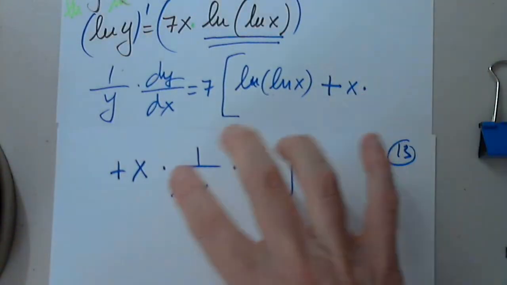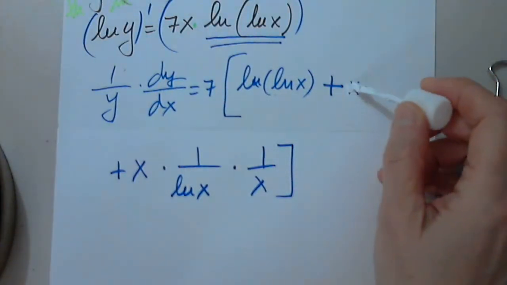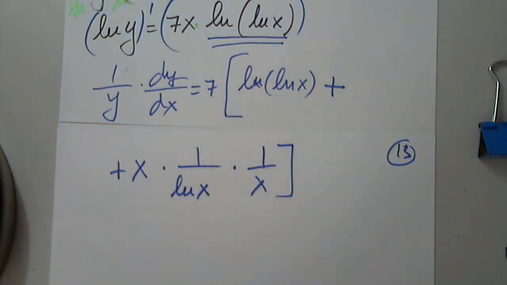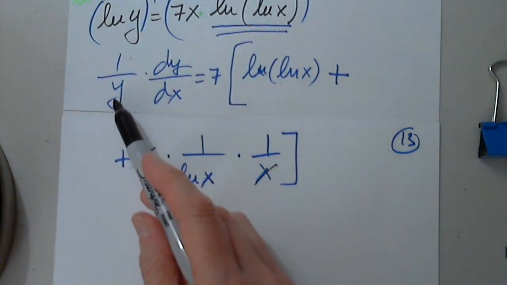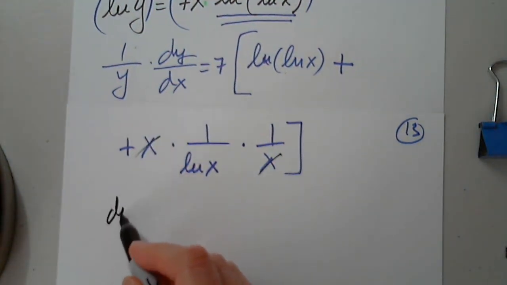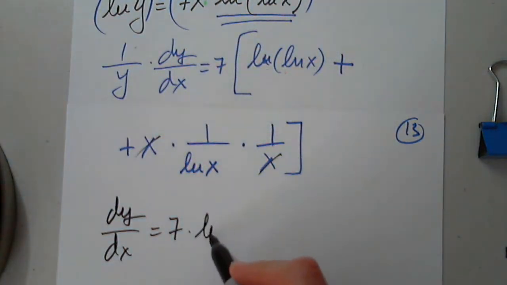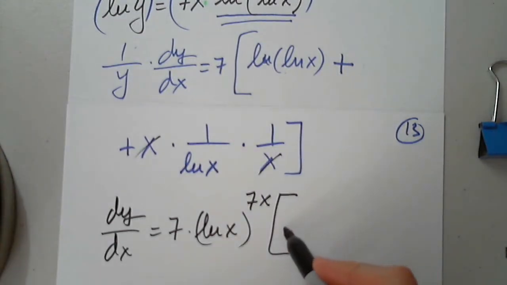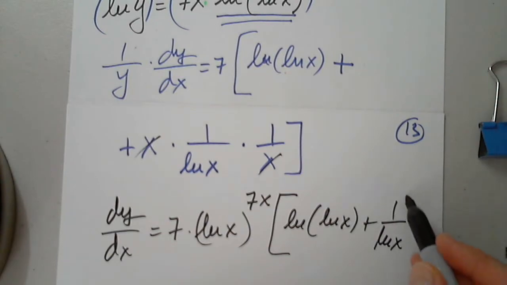So please don't write this. It's here. I'm taking care of it right this moment. Good. Excellent. Great job. So these two go away, and I will multiply both sides by y. dy over dx equals 7 times natural log x raised to 7x, and this whole thing: natural log of natural log x plus 1 over natural log x.